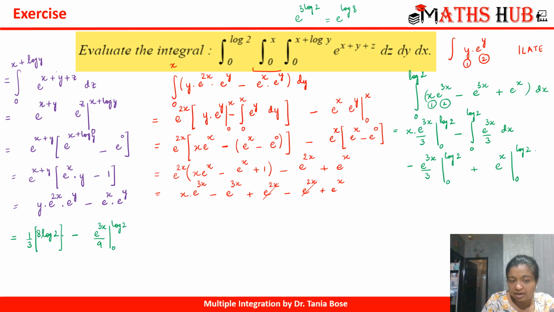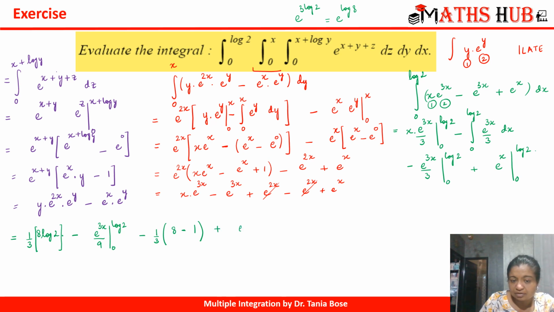Now when I put in the limits here, I will get 1 by 3 times e to the power 3 log 2, which is simply 8, right? And when I put 0, I will get 8 minus e to the power 0, which is 1, right? This is what I'll get. And in the next term, what am I supposed to get?